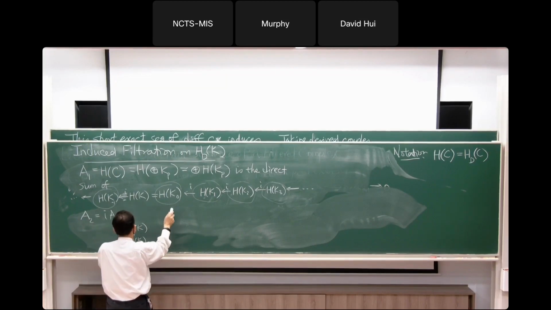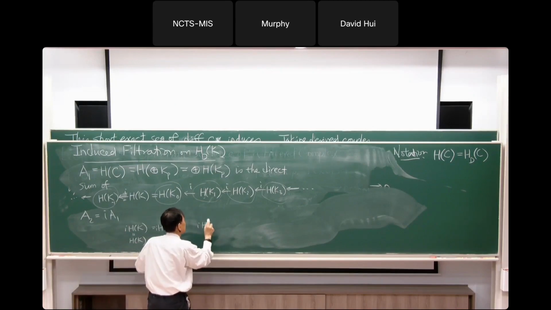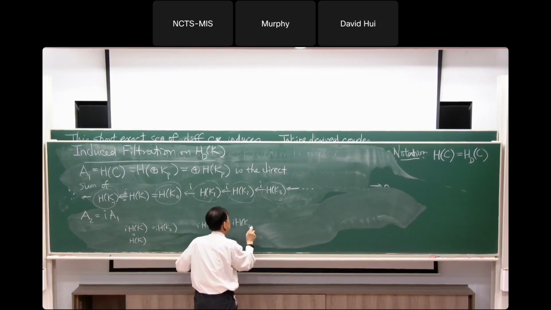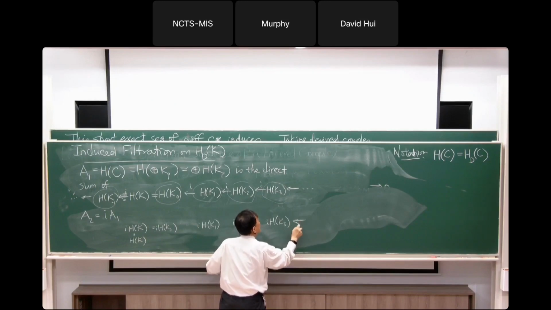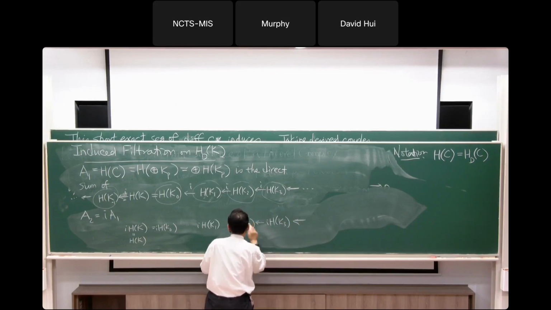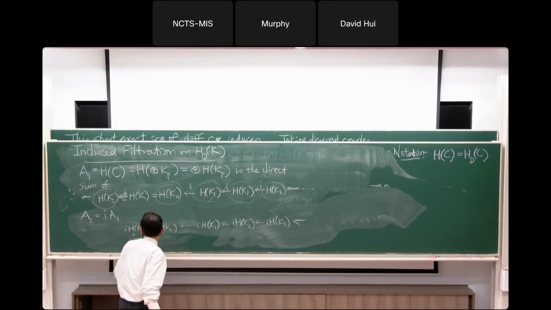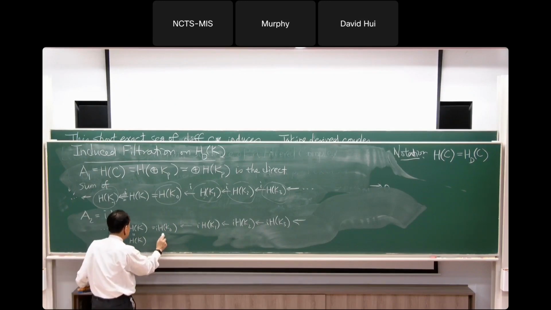So this is H of K0, I H of K0, and then I H of K1, I H K2, I H K3, and out here it's all HK.